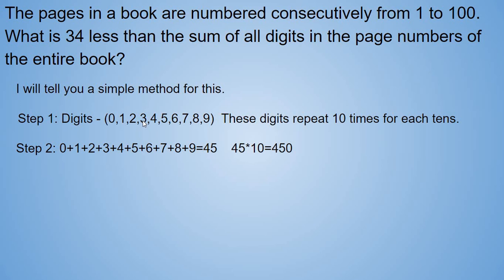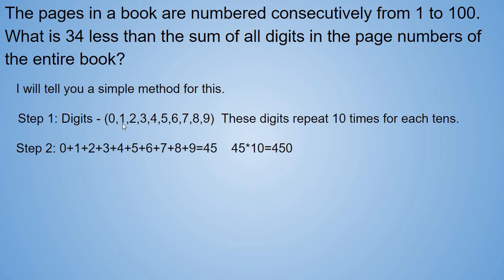For those of you who are wondering how 0 repeats, well, in the first tens, like 1, 2, 3, 4, 5, 6, 7, 8, 9, 10, let's say the number starts with 0. We're finding the sum, so it's not going to matter, but let's just think that.